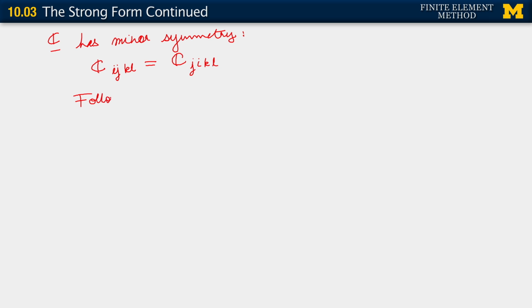It emerges, however, that C has further symmetries. C also has minor symmetries, which is that C_ijkl equals C_jikl, and this follows because the stress is symmetric.